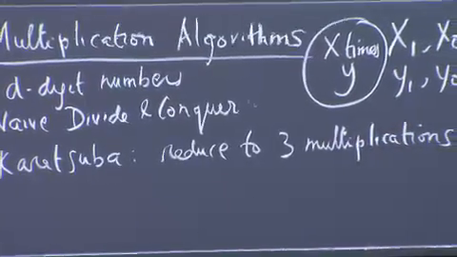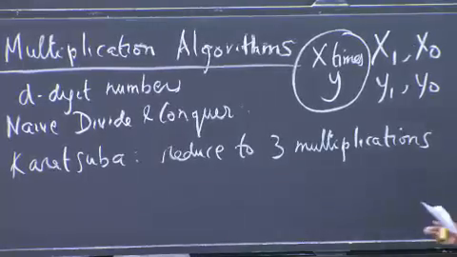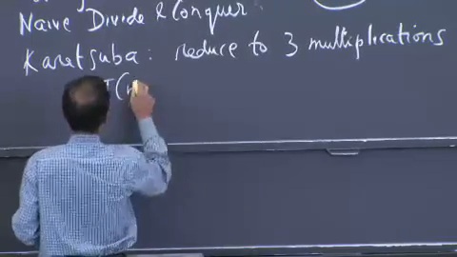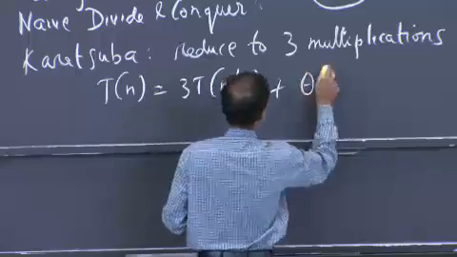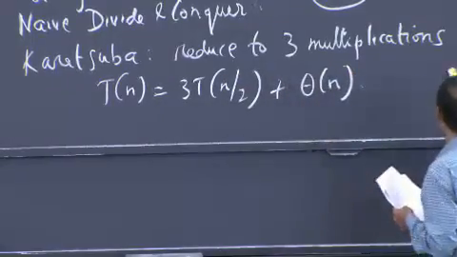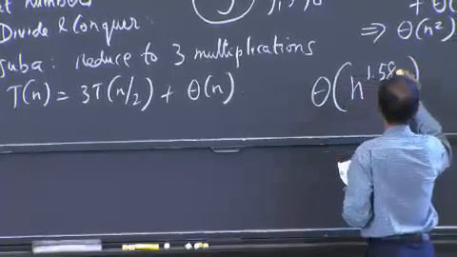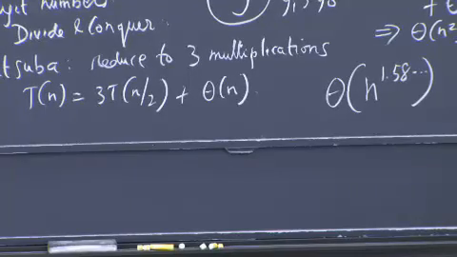But given that the additions have theta n complexity, the recurrence relationship turns into T(n) equals 3T(n/2) plus theta n. And this ends up having 1.58... complexity. OK?